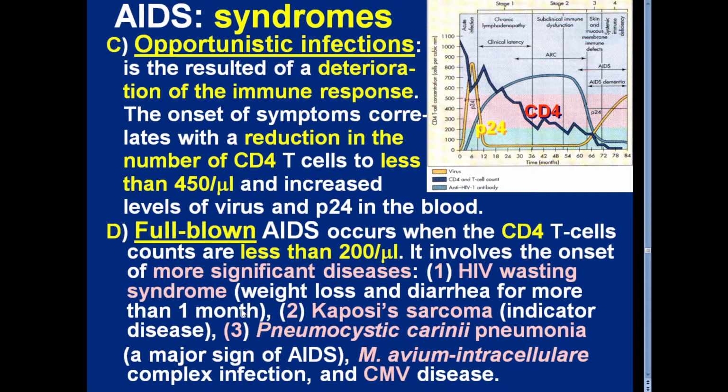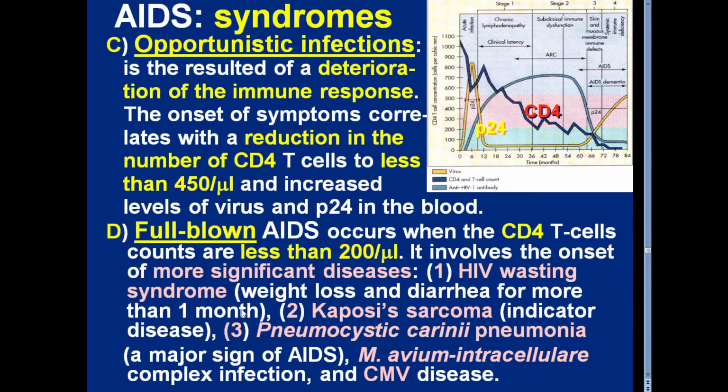When CD4 cells are less than 200 per milliliter, it involves some of the more significant diseases such as HIV wasting syndrome, weight loss and diarrhea for more than 1 month.